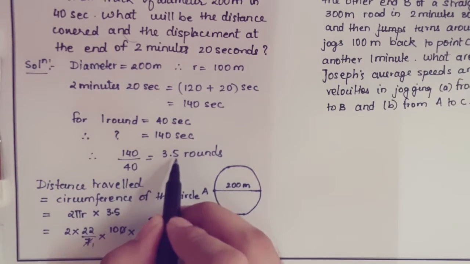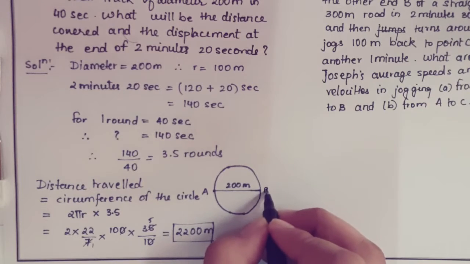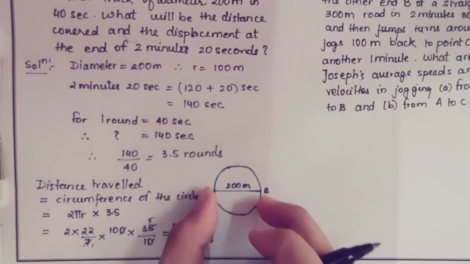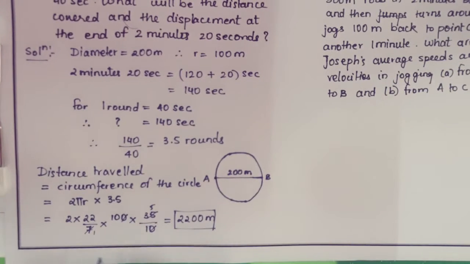Now as you can see, this is 3.5. So if an athlete starts from here at A, then the 0.5 will end here at B, so the shortest distance will be 200 meters. So we'll write it down here.